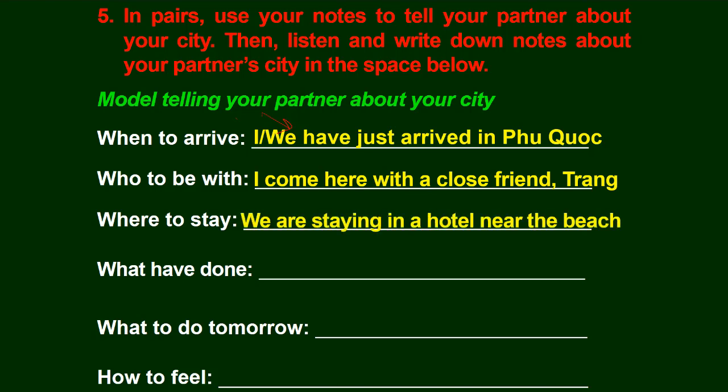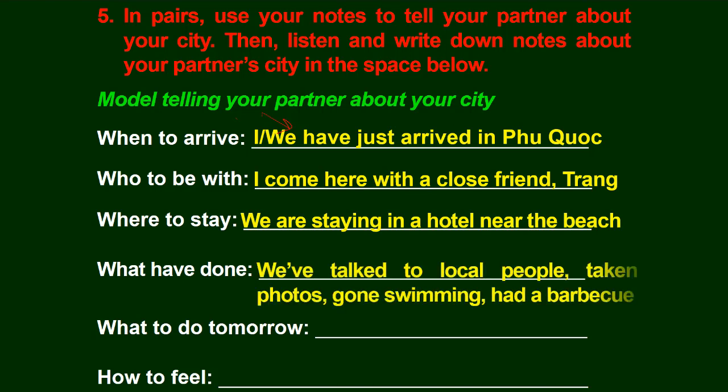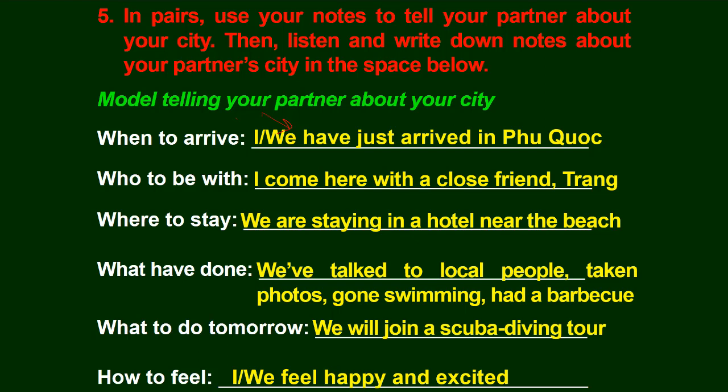We are staying in a hotel near the beach. And what have you done? We have talked to local people, taken photos, and we have gone swimming, and we had a barbecue. And what to do tomorrow? We will join a scuba diving tour. And how to feel? I or we feel happy and excited. Okay? So you can write them on your notebook and you can share with your friends in the classroom.